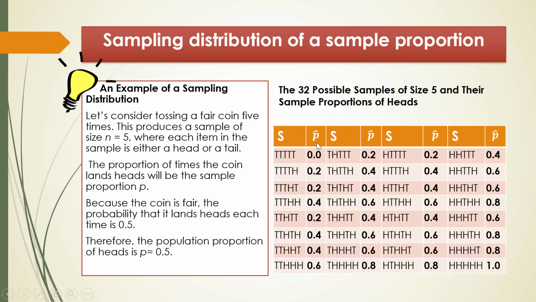And definitely p hat should have a probability distribution. So we are going to investigate the probability distribution of this random variable p hat. We are going to compute the mean, the variance, the standard deviation of p hat, and consider how the density curve looks like.